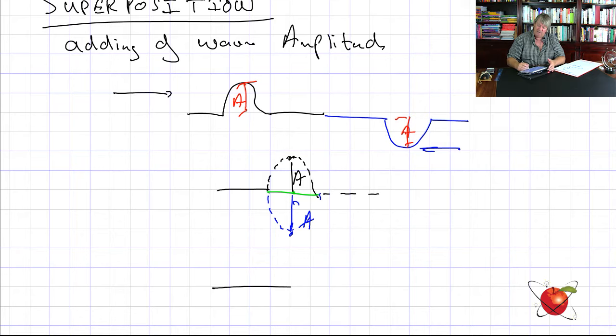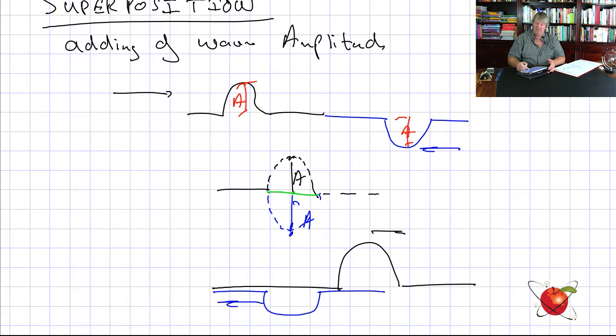So after it's passed, okay, what have we got? We've got the black wave continues that way, and the blue one continues that way. Okay? And the piece of string goes up and there it goes down. So when they get together, it cancels out.